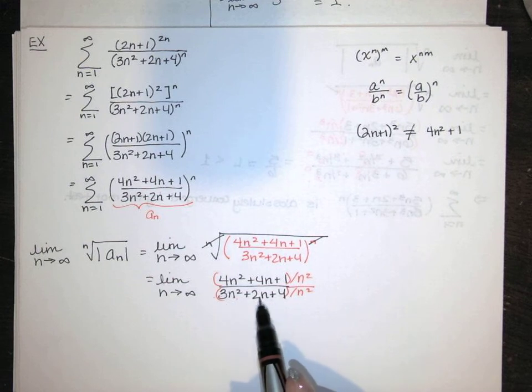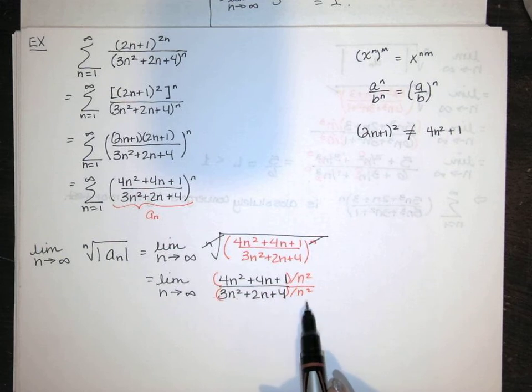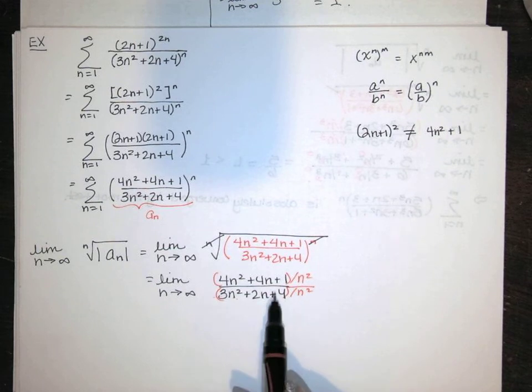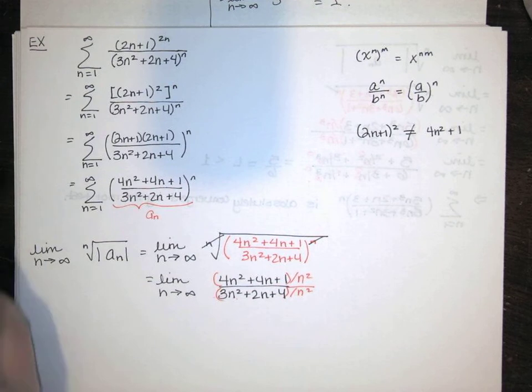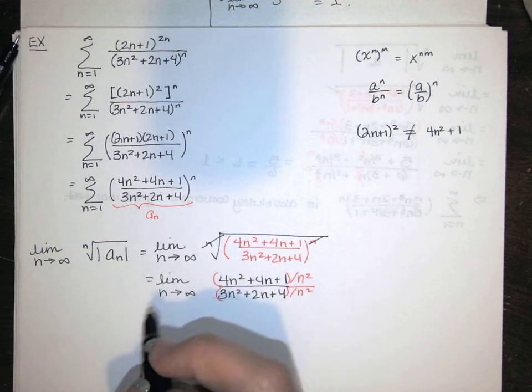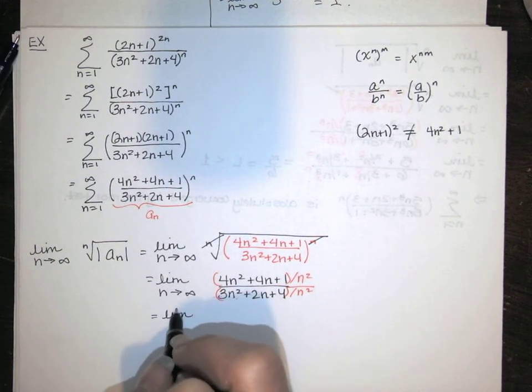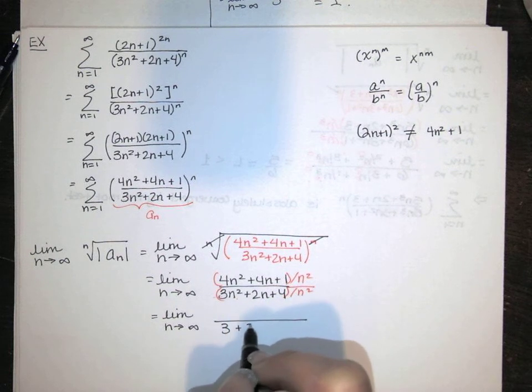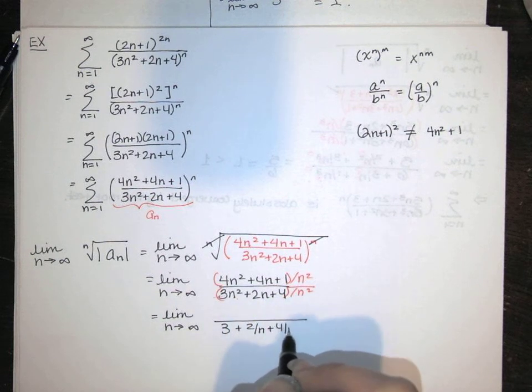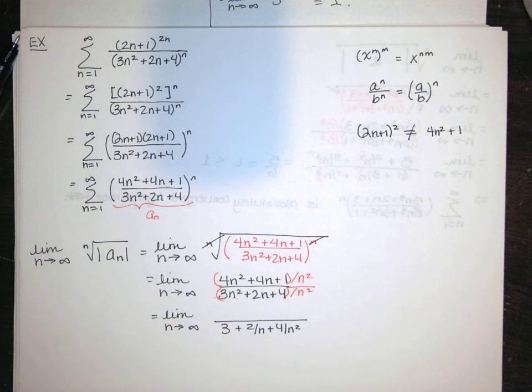Since these other terms involve n to a smaller power than this n squared, these guys are going to go to 0 when I divide by n squared, and this guy is going to go to 3. So we'll end up with 3 plus a bunch of terms that go to 0. And that's why we do it. It gets rid of the infinity in the denominator for that infinity over infinity indeterminate form.